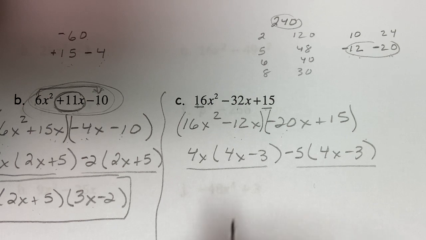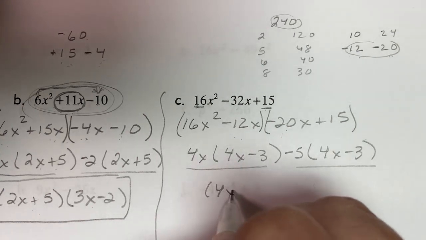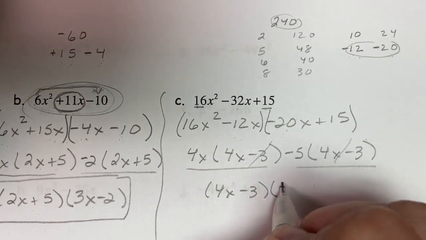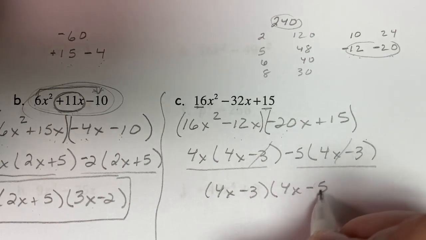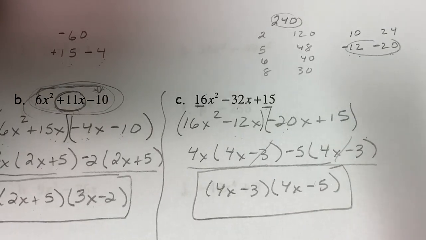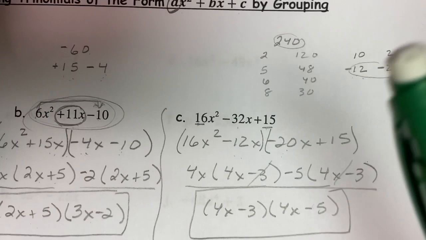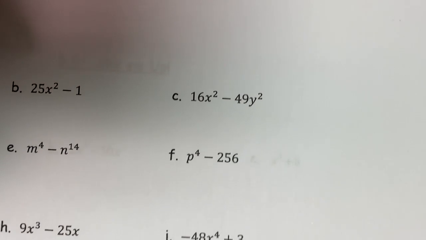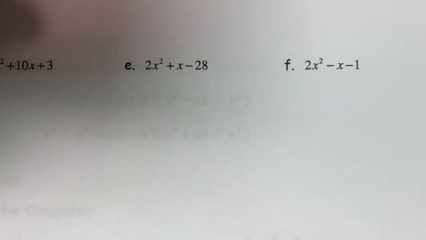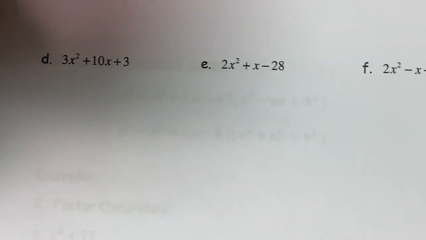So now those are two big terms that have a 4x minus 3 in common, which leaves me, when they're gone, with a 4x minus 5. All right, are you getting it? Maybe it's time to try one on your own. So anytime you want, just go ahead and pause the video.